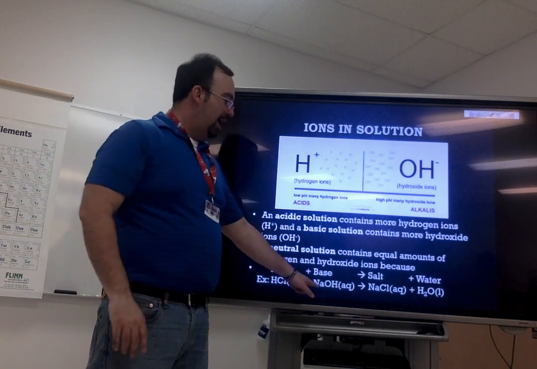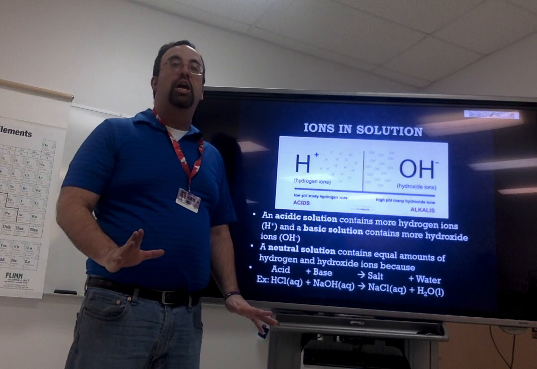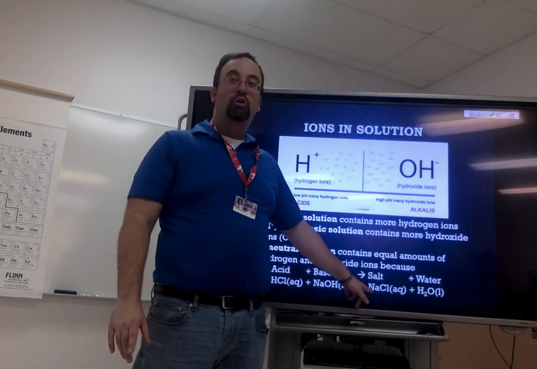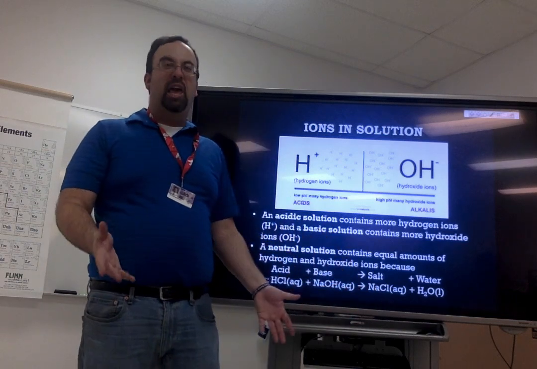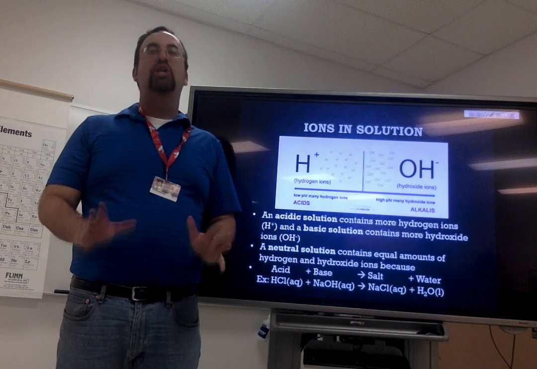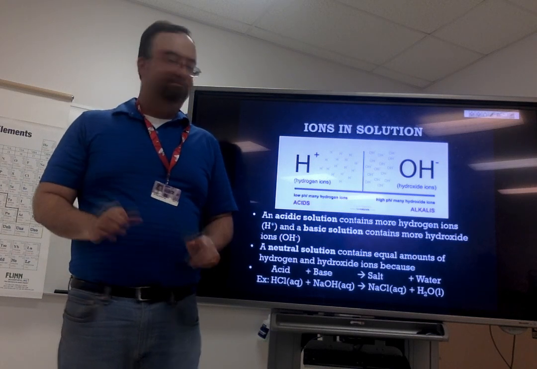The Na is going to trade places with the H, and then the Cl is going to trade places with the OH. And so we end up forming two new products. We form the salt sodium chloride, and then we also again form H2O. An acid plus a base will always produce a salt and water.